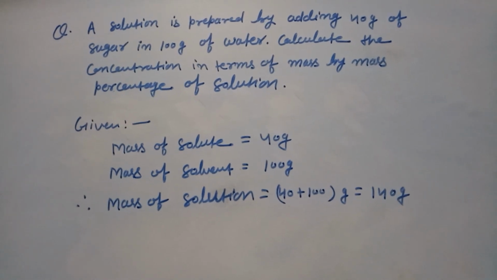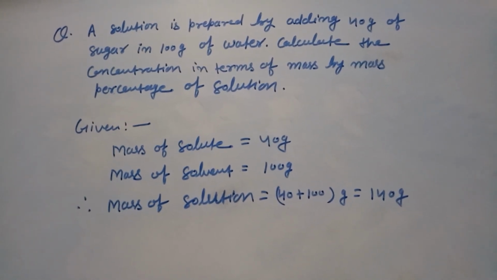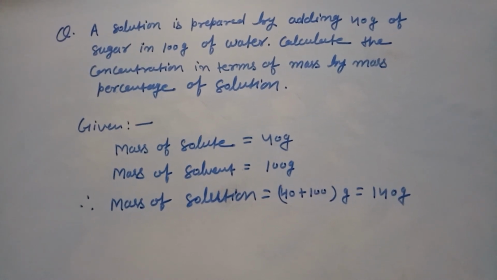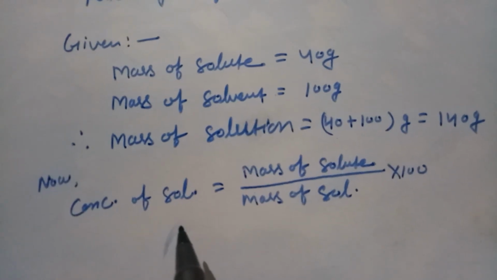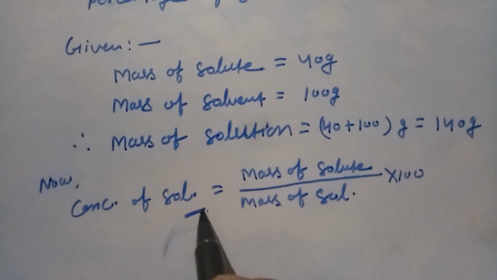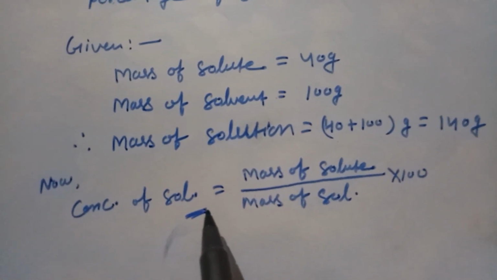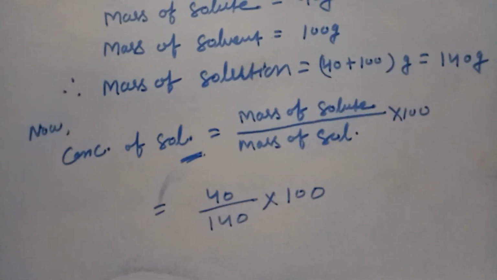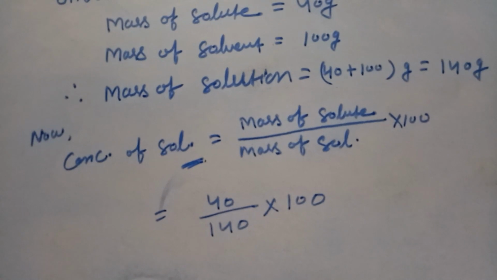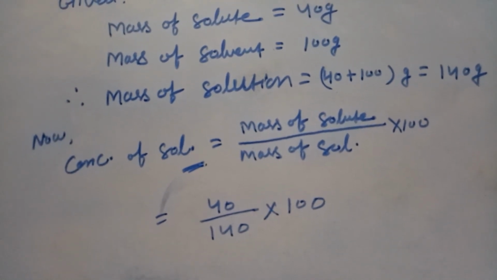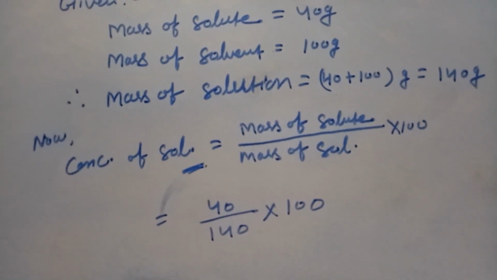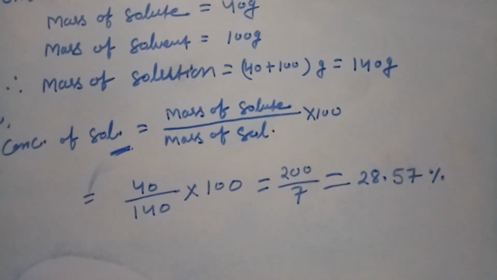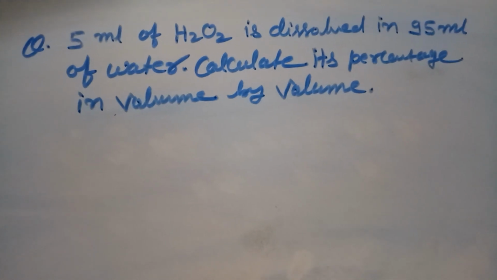Then you need to find the mass of solution. By adding mass of solute and solvent, you will get the mass of solution. By using this formula, you can calculate the concentration of solution, and after solving, you will get the answer as 28.57%.